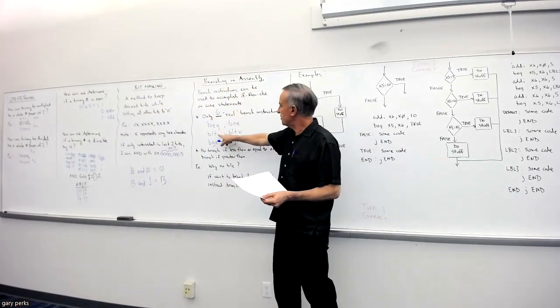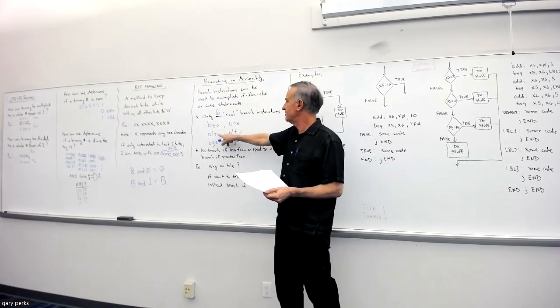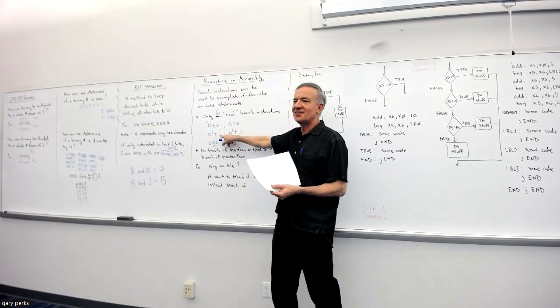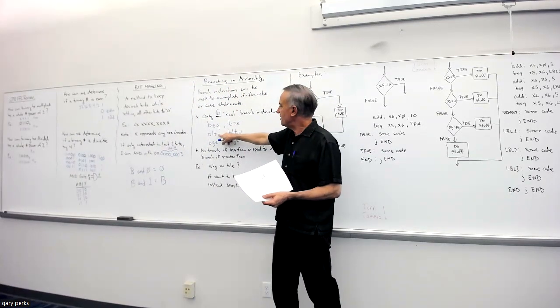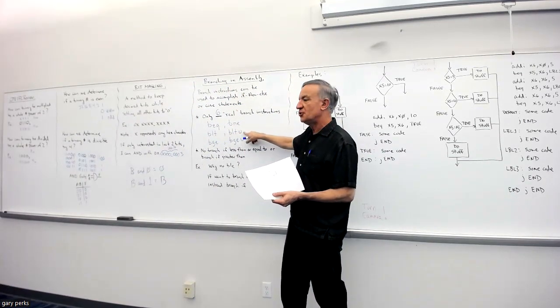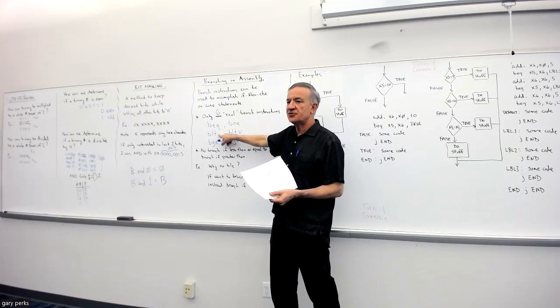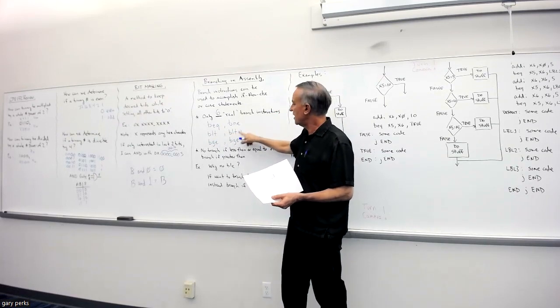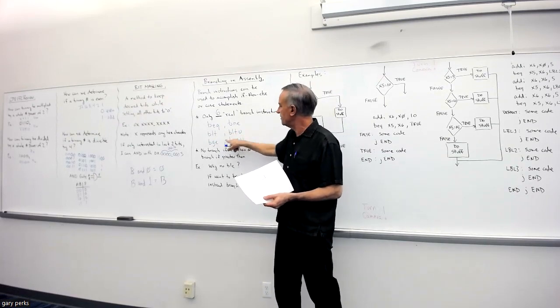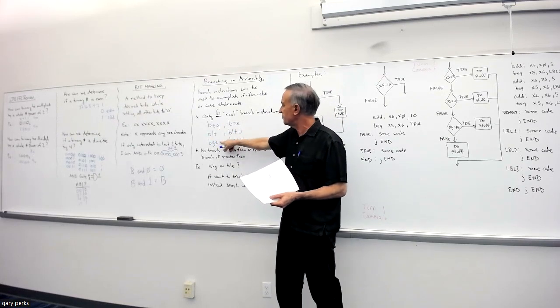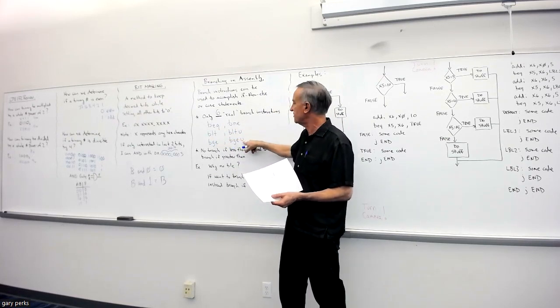The only difference between BLT, every time I say that I get hungry, and BLTU is that here the values are treated as signed, here unsigned, and same thing with the greater than or equal to.